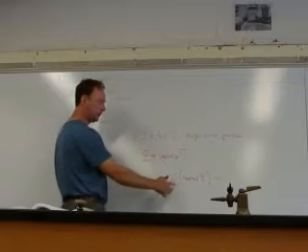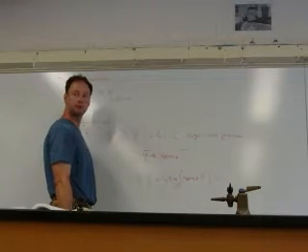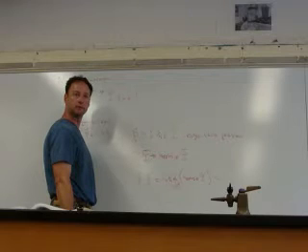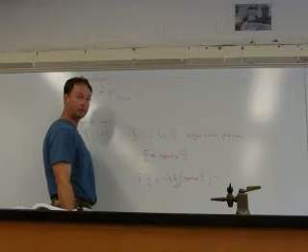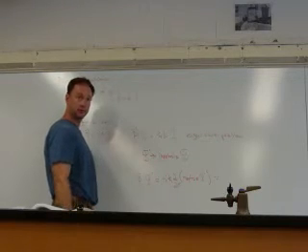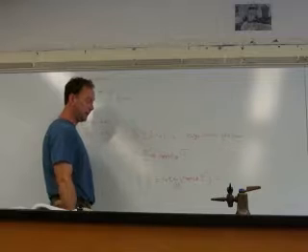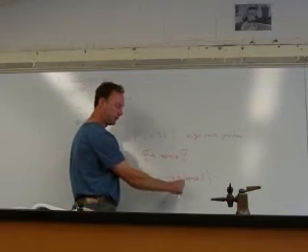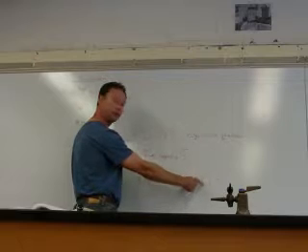So what does this operator do to this thing in front of my wave function? Apples, is it a variable, a function of x? No, it's some constant, right? So what's going to happen? This operator is essentially going to move through here, using the product rule, and then operate on this.